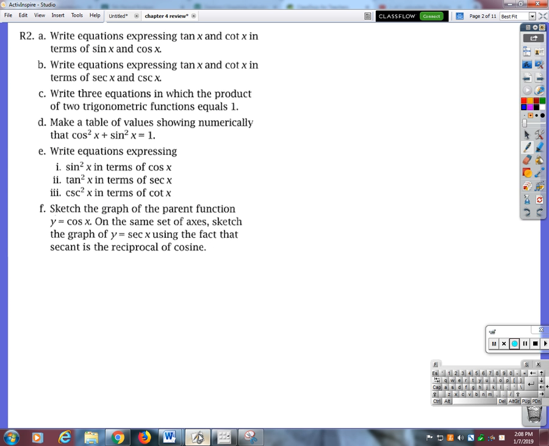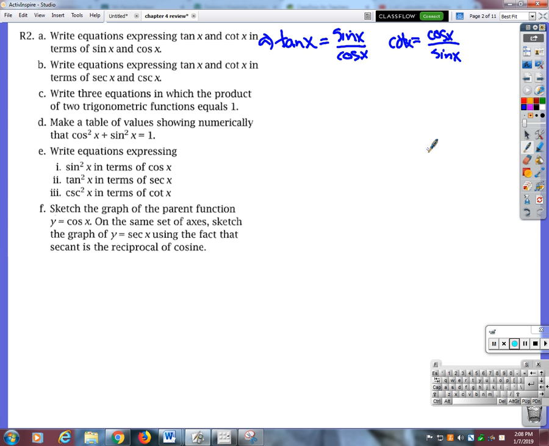Erica, how can you write tangent in terms of sine and cosine? Yes, ma'am. And how can you write cotangent in terms of sine and cosine? Awesome.